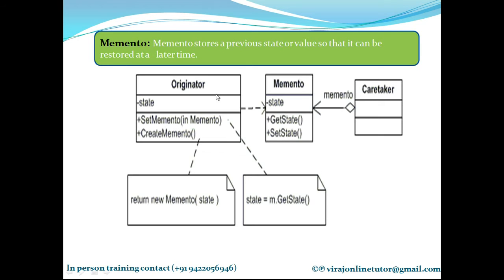Then it will perform n number of operations on the originator, and after the operations are done, if the caretaker wants to undo the state of the originator, it will call set memento, and the memento object that it had gained before performing operations will be passed to it, and the originator will be undone to the state before the caretaker did any operations.